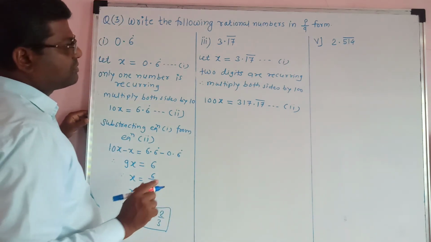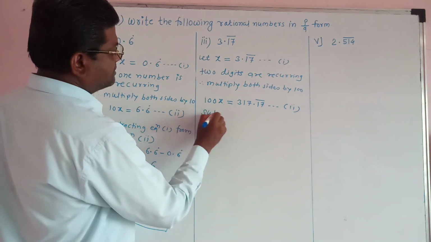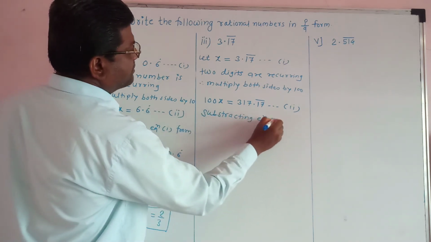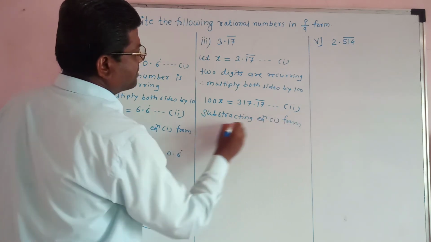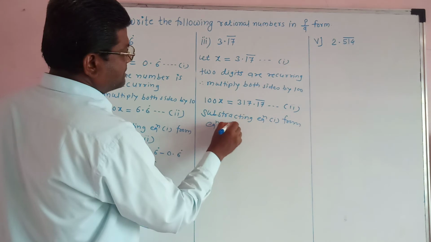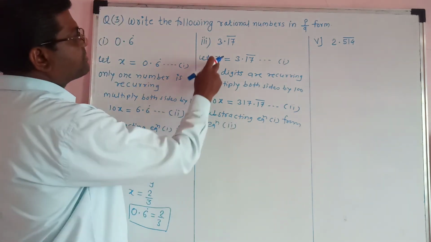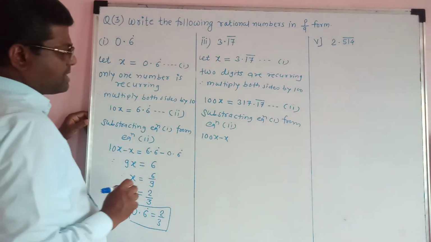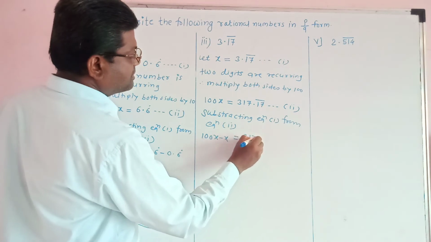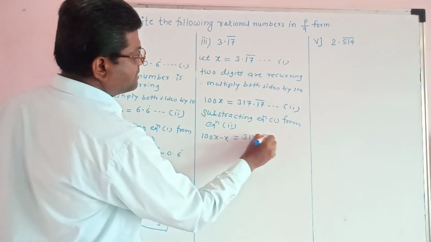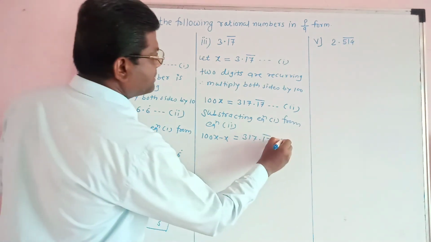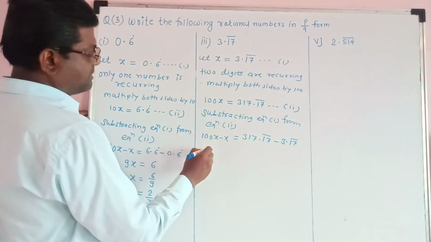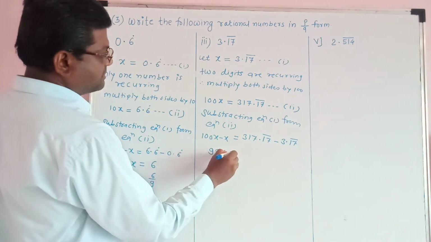Subtracting equation 1 from equation 2. Now 100x minus x is equal to 317.17 bar minus 3.17 bar. 100x minus x will be 99x.